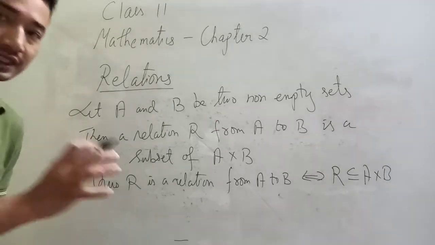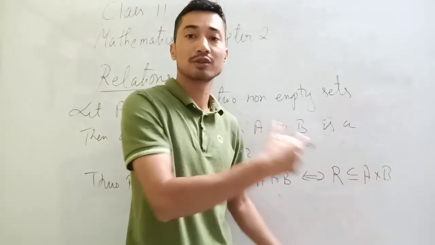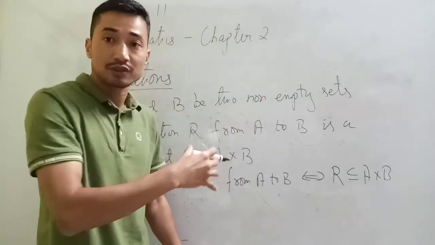Okay, now this R also is going to be a set of ordered pairs because it will be a subset of A cross B. A cross B, as in the last video, consists of ordered pairs.